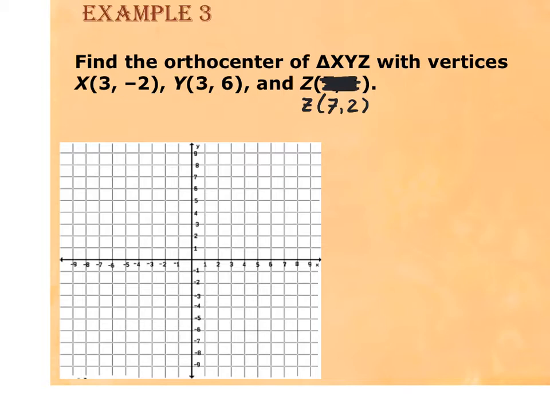It says find the orthocenter of triangle XYZ with the vertices x is at 3, -2. Y is at 3, 6.